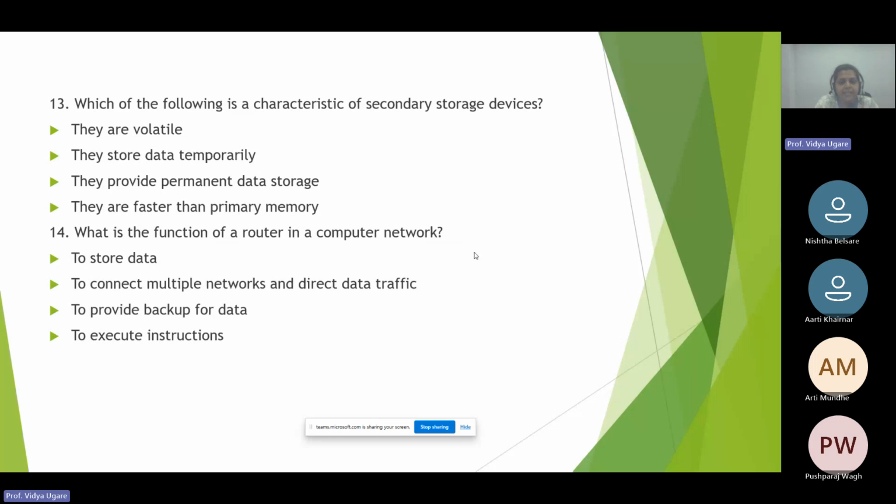Which of the following is a characteristic of a secondary storage device? Secondary storage means it's a permanent storage device, right? They are volatile, they store data temporarily, they provide permanent data storage, they are faster than primary memory.